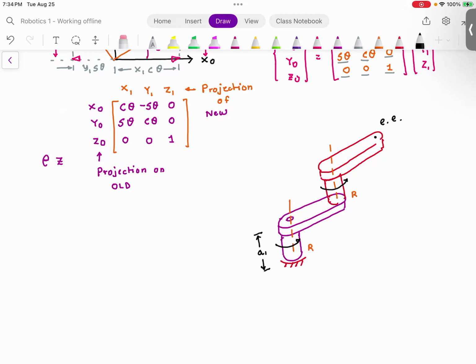This dimension is A2. This dimension is A3. And this dimension is A4.